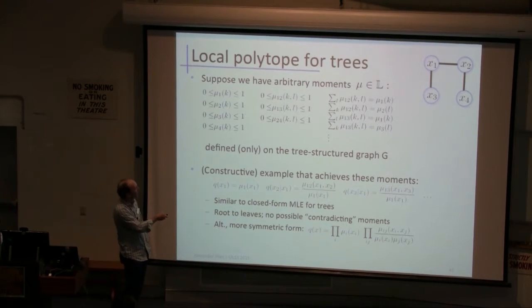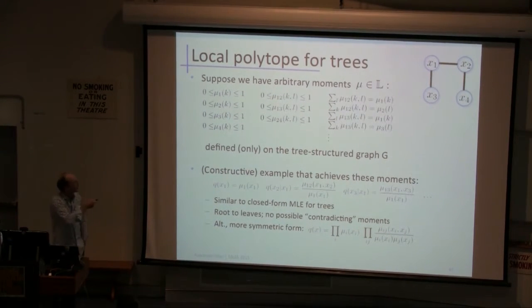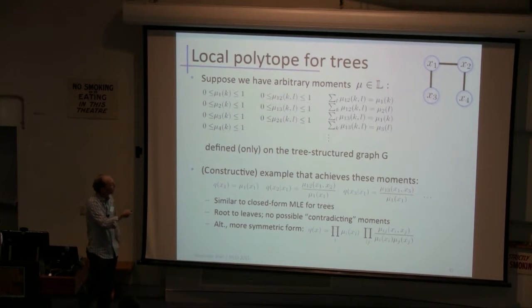And then I know, because of this pairwise consistency, that if I multiply by Q of X1 and marginalize to X2, it will also be consistent with mu2. Okay, so if I have any collection of consistent pairwise marginals specified only on this tree, I can actually create a distribution very easily that satisfies those.